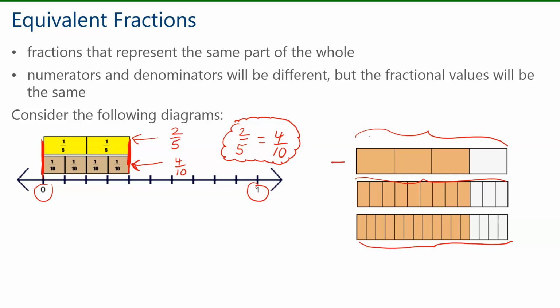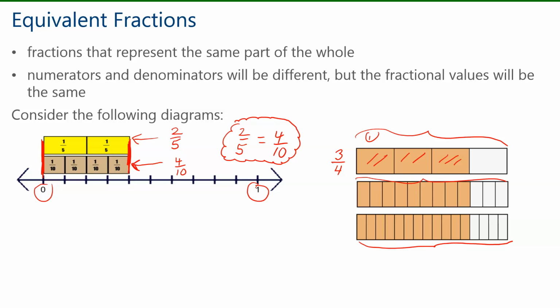So in our first rectangle here, in the first whole, it's been divided into 4 equal sections. So that tells me my denominator is 4. 3 of those sections have been shaded. My numerator is 3. So the top one represents the fraction 3/4.